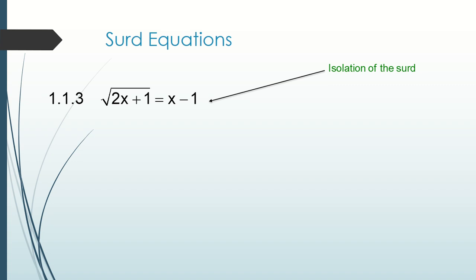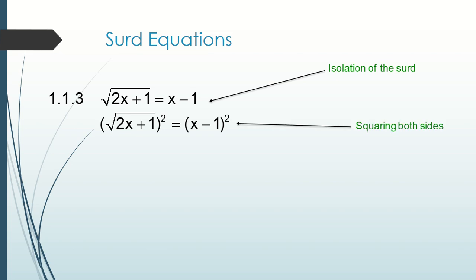Fortunately in this question, the given problem has the root on its own on the left hand side. So what you do is you square both sides. That is why we want to isolate the surd, because we want to square it so that we get rid of the square root.